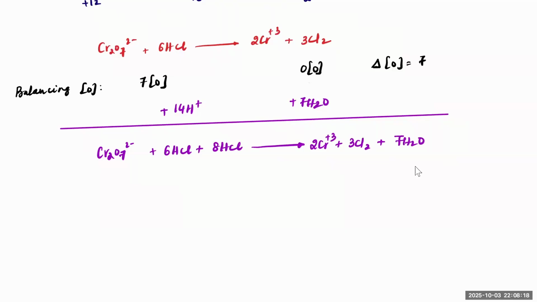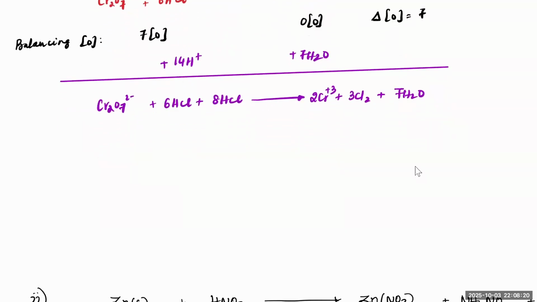Got it? Now listen up. This HCl was a part of redox, but this amount of HCl is a part of solvent. It is acting like a solvent, a medium. And of course, without this also we cannot make a reaction, which means if I write the overall reaction here, this is what happens.